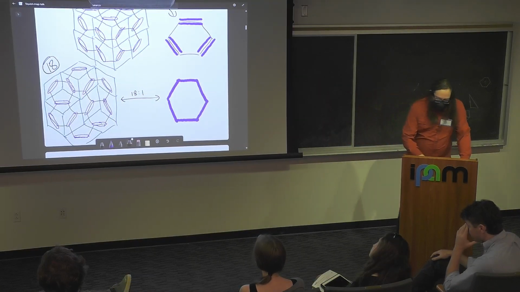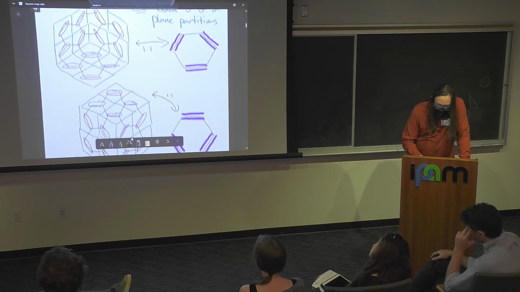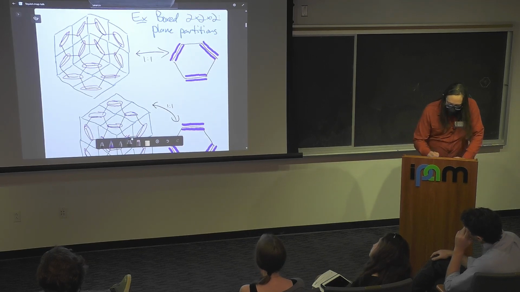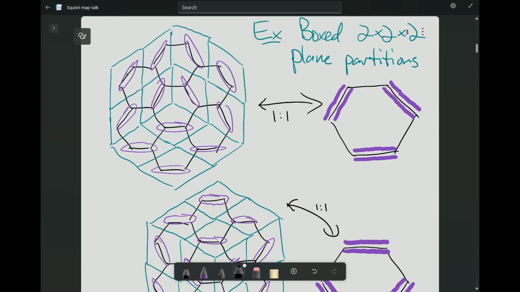So if you look at what happens to them under the squish map, this top one, so all 4 of these edges here, 1, 2, 3, 4, 2 of them go to here and here. These 2 here on the corner and then the center, and then these ones become very short.